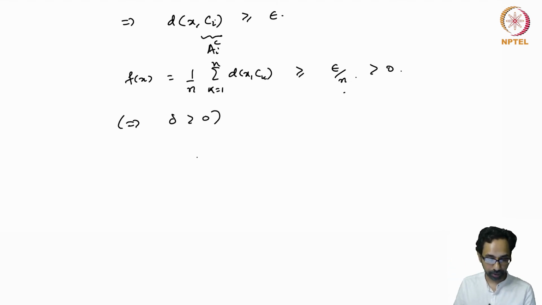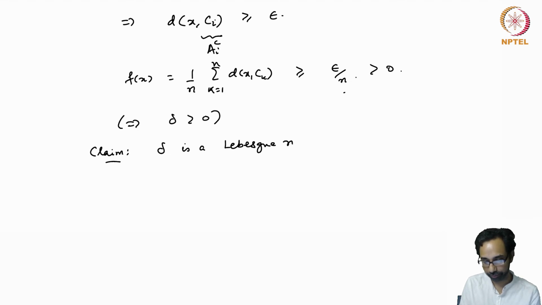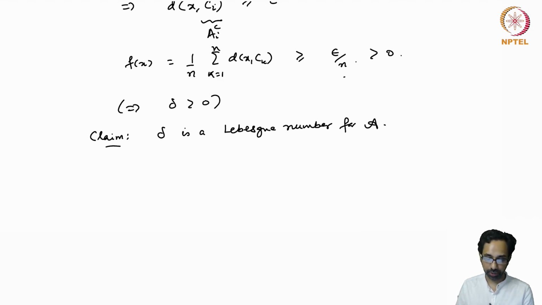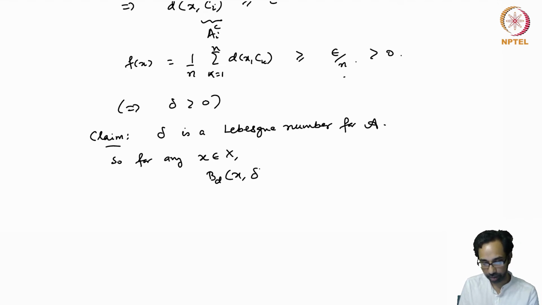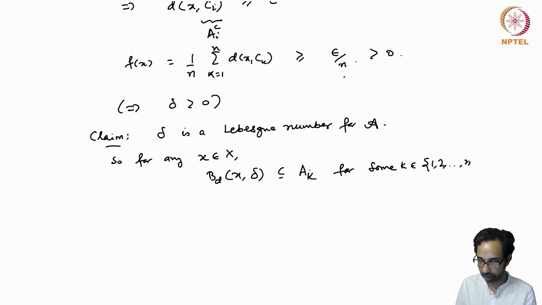And now what we are claiming is that delta is a Lebesgue number for this collection A. So we have to show that for any x in X, the metric ball with radius delta lies inside one of the sets ak for some k in 1 up to n.